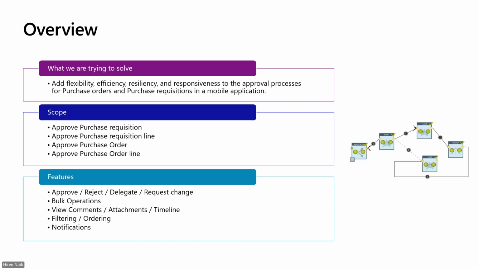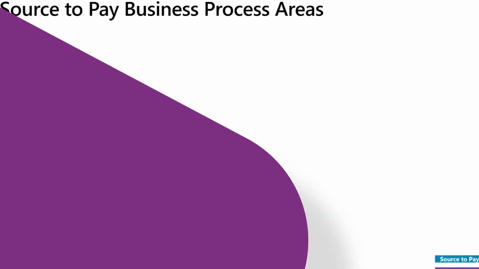In the detail of a purchase order or purchase requisition, we'll be able to see comments sent by the requester, the attached files, and who needs to approve in the timeline. On each screen, we'll be able to filter and order our purchase orders, purchase requisitions, and lines. Finally, we'll have some internal alerts in the application, but Hiren will show you during the UI experience.